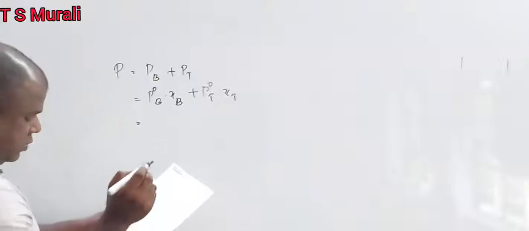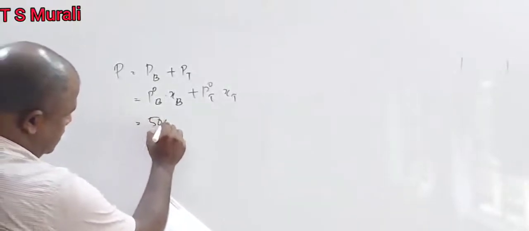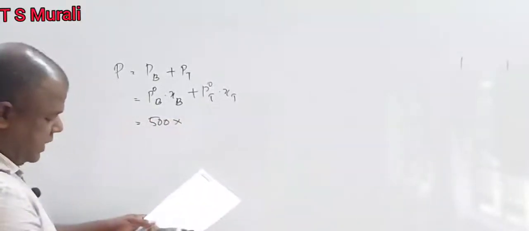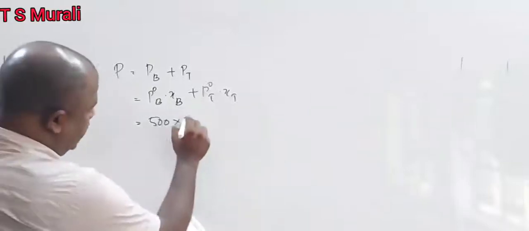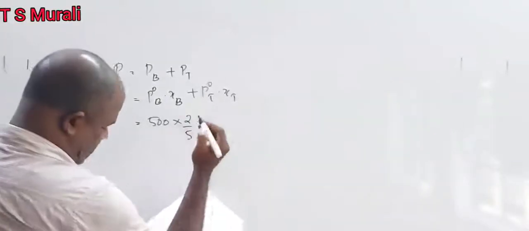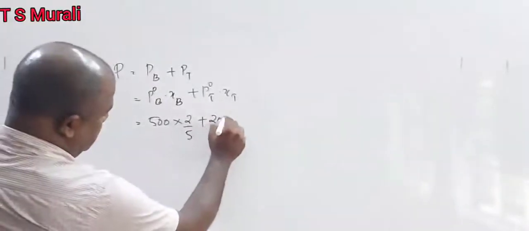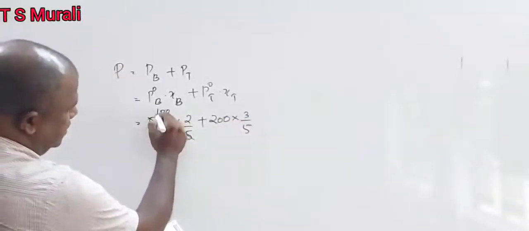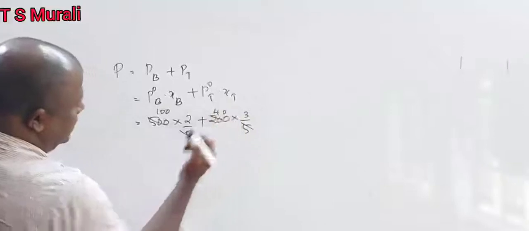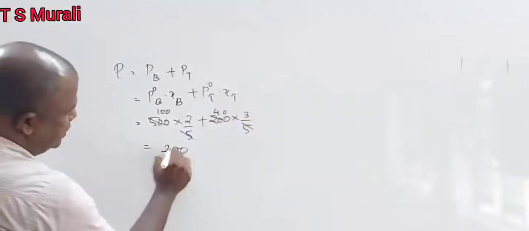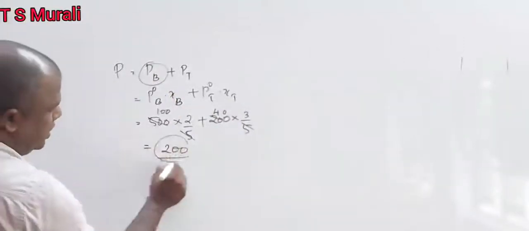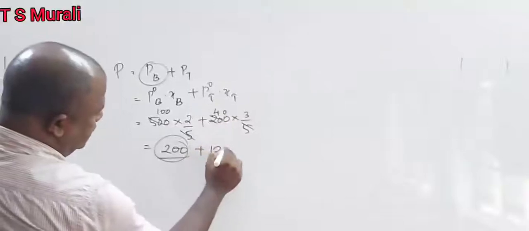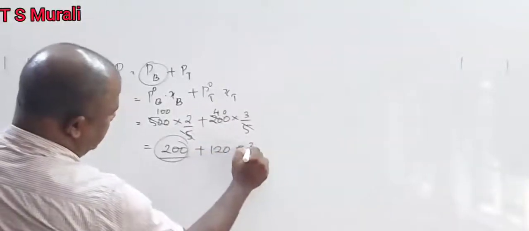P0 benzene, the value given, 500 into mole fraction of benzene, number of moles of benzene 2 by total 5, plus P0 toluene, that is 200 into its number of moles 3 by 5. So cancelling 100, 40 means 200, actually that is needed because P benzene is 200, plus 120. That means total pressure is 320.